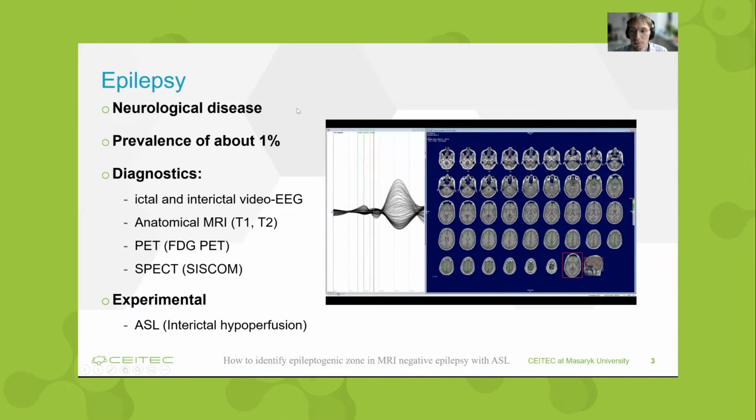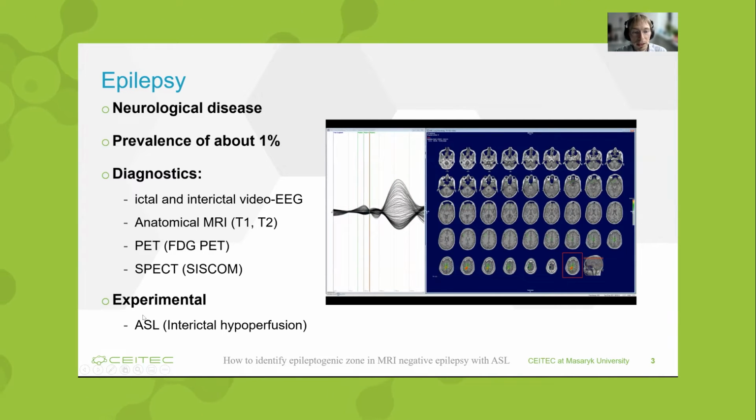So probably all of you are aware of epilepsy, which is a neurological disease with a prevalence in population about 1%. The usual diagnostics for epilepsy is ictal and interictal EEG and video EEG. Usually also anatomical MRI, PET and SPECT are also used.